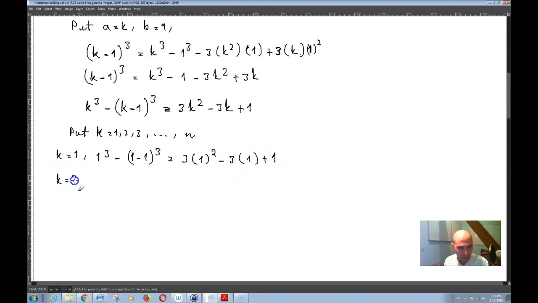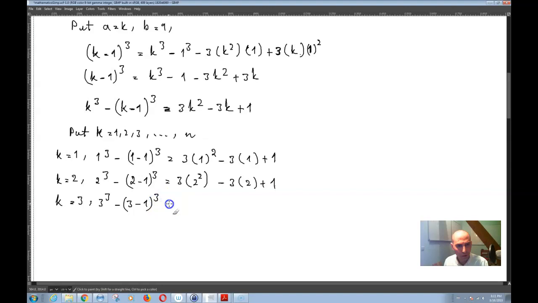When k is equal to 2, this becomes 2 cube minus (2 minus 1) whole cube is equal to 3 times 2 squared minus 3 times 2 plus 1. When k is equal to 3, your equation becomes 3 cube minus (3 minus 1) whole cube is equal to 3 times 3 squared minus 3 times 3 plus 1.